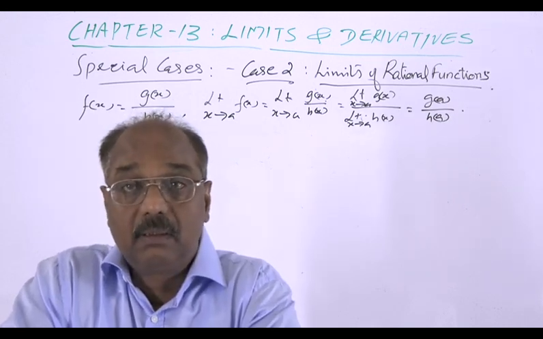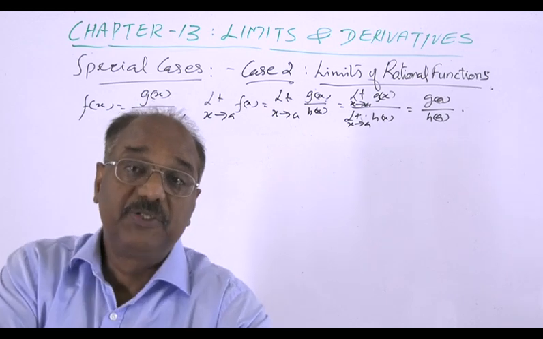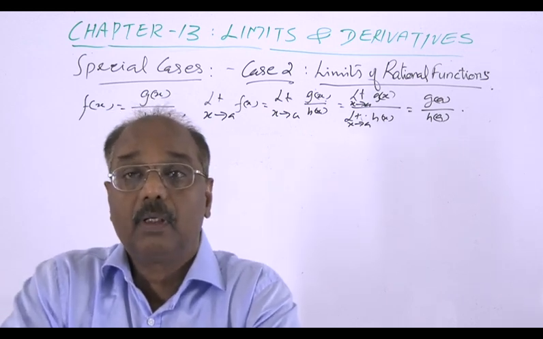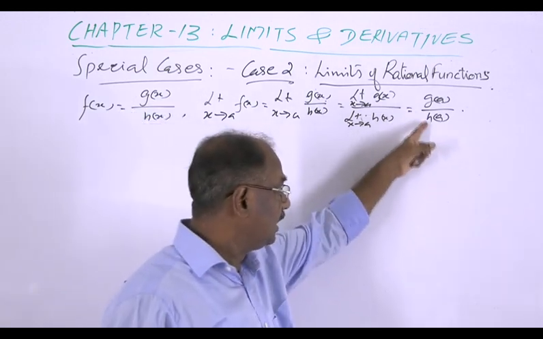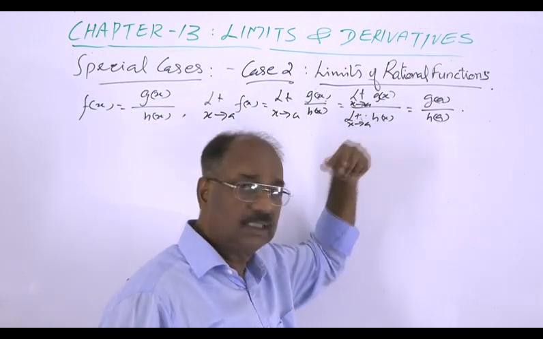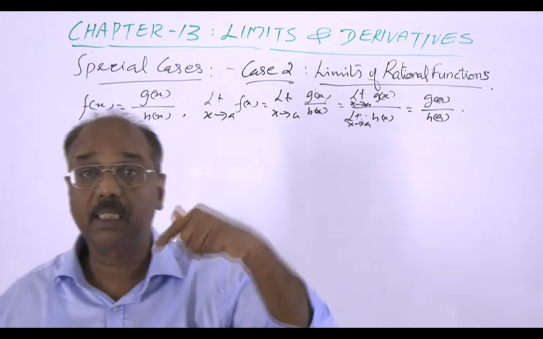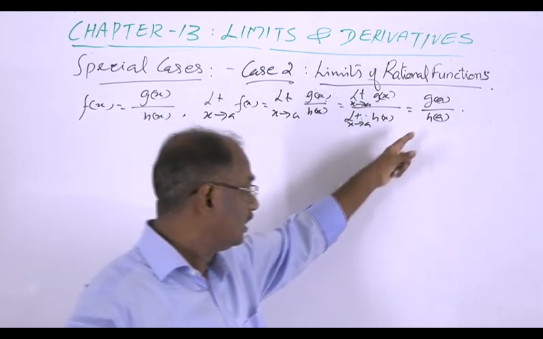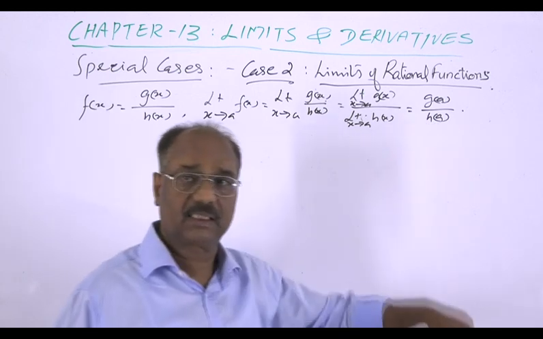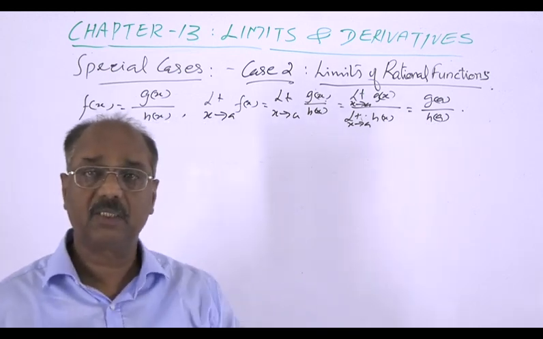But there are certain situations. That is, in this g(a) by h(a), this is a fraction. Suppose the denominator is 0. When we substitute this a in h(x), we get 0.